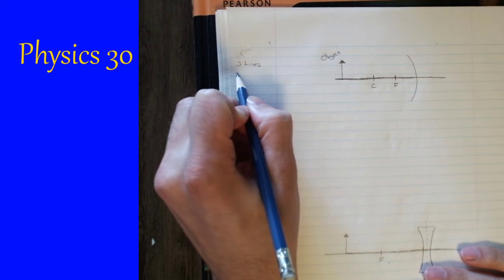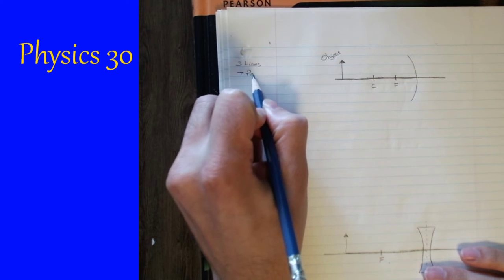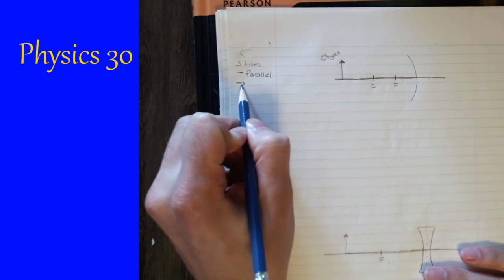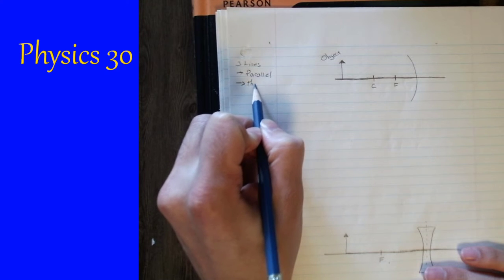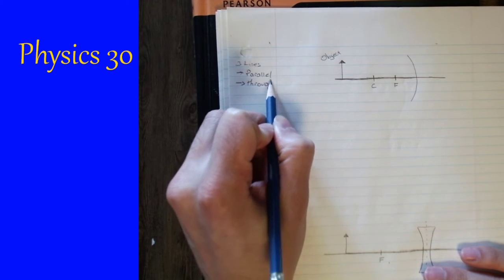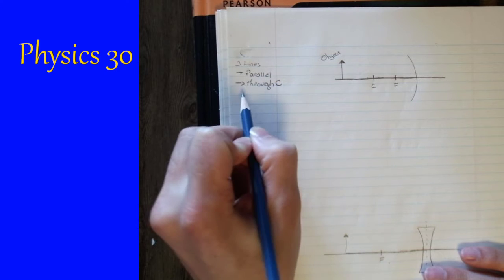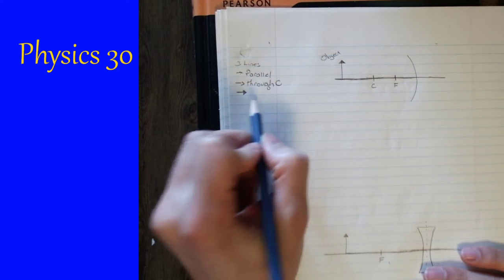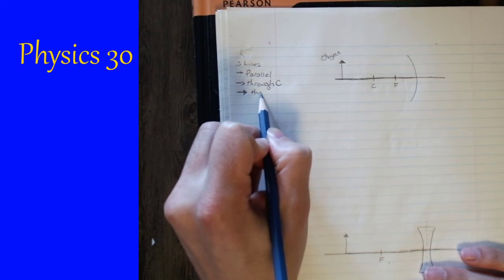The first needs to be parallel to the principal axis. The second will go through C. And the third will go through F.